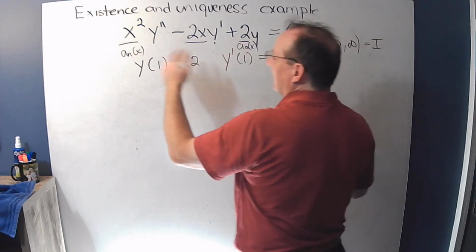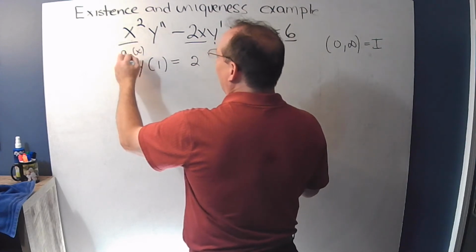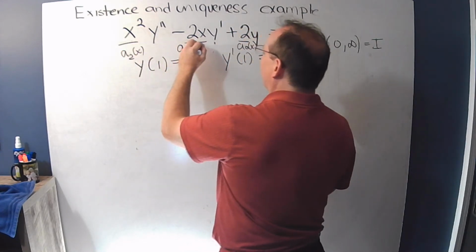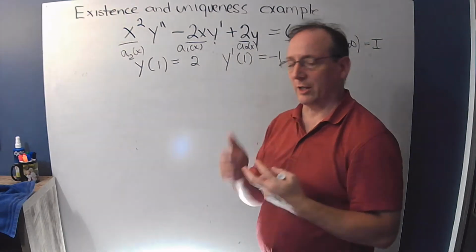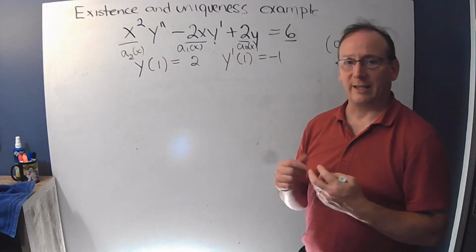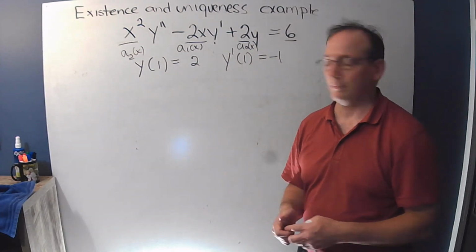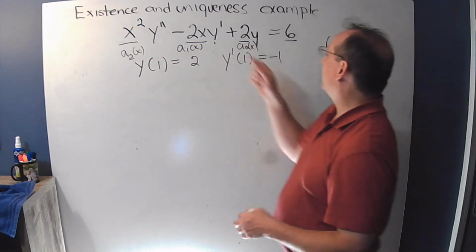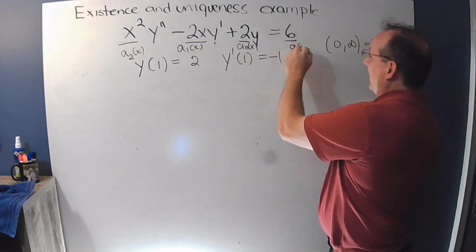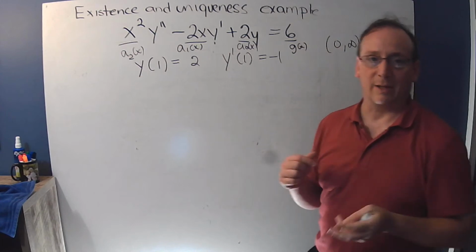In this case, n is 2. This is a1 of x, and this was our a0 of x. I'm using the same notation that I did in the last video when I mentioned the theorem. And this would be like the g of x that I said in the statement of the theorem.